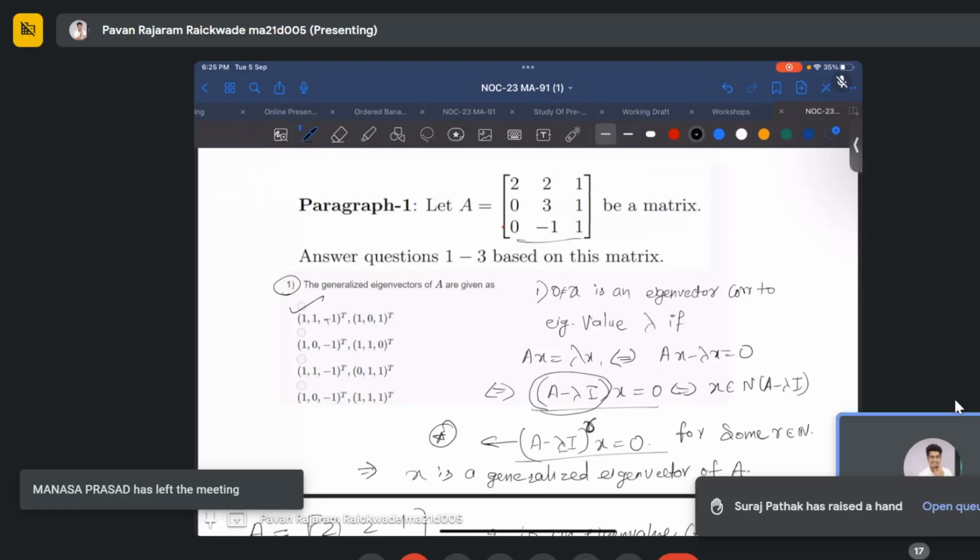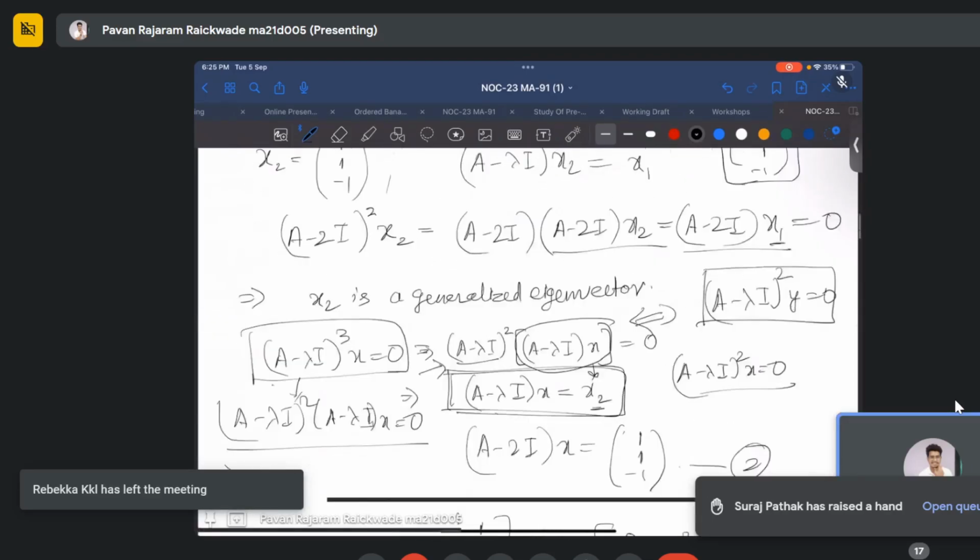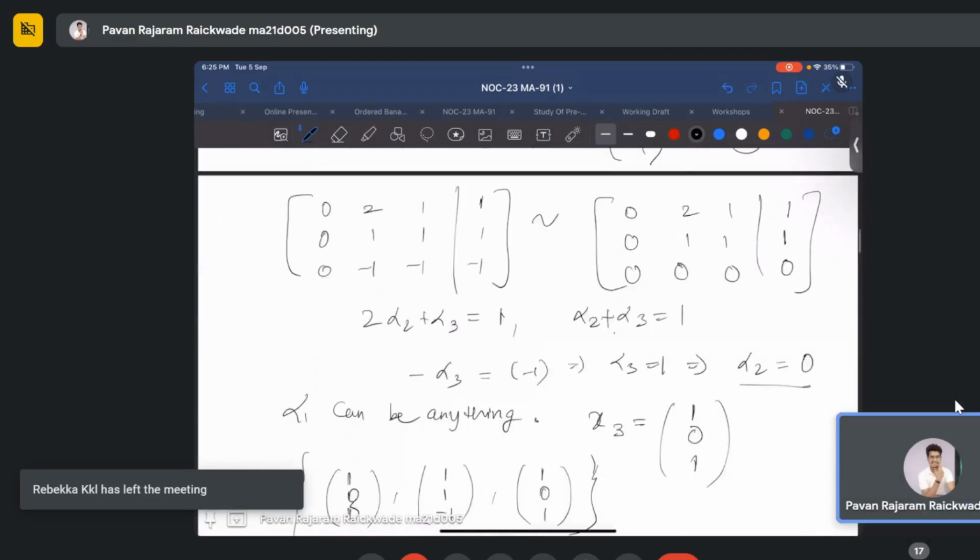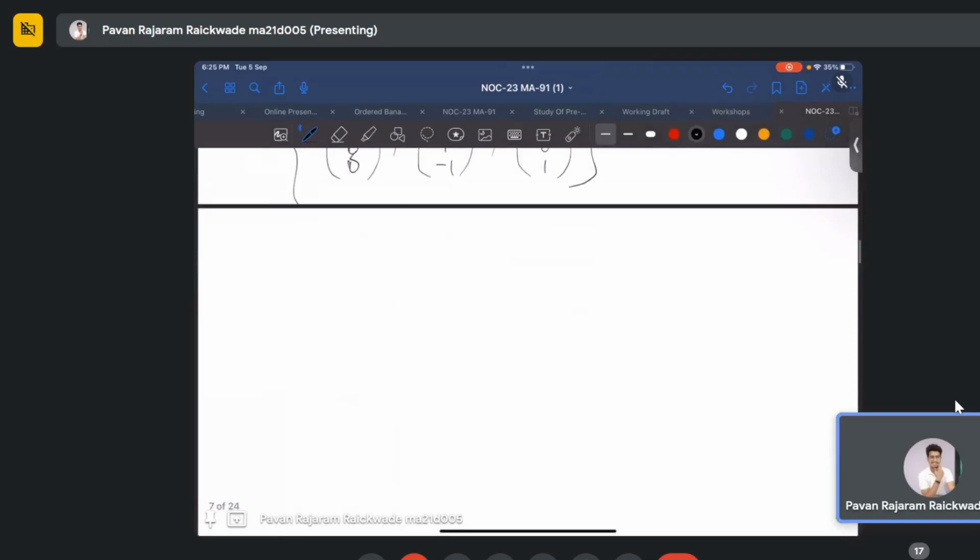Yes, okay, I'll repeat. I just said it in the start. A vector is an eigenvector if and only if you have this condition, Ax should be the same as lambda x, or equivalently, (A minus lambda I) x should be 0. Here you can see the power is 1, A minus lambda raised to 1.